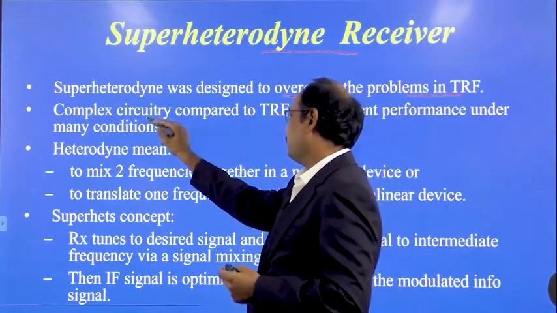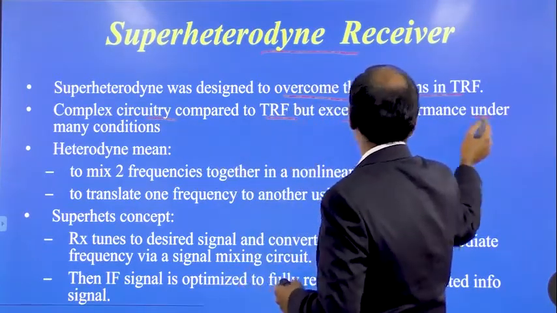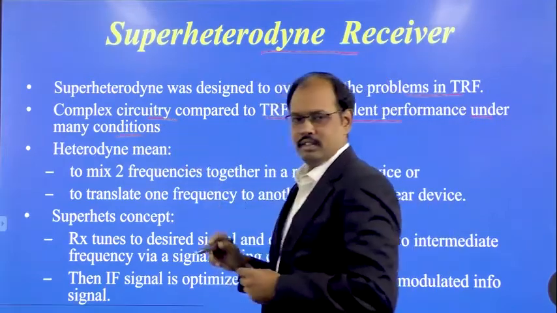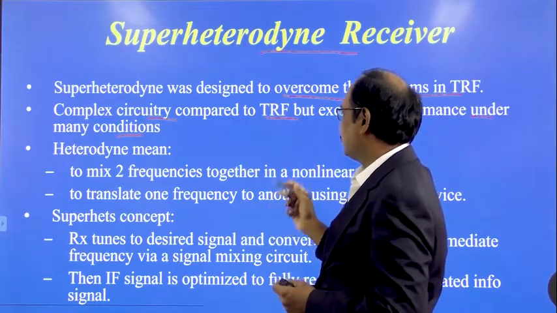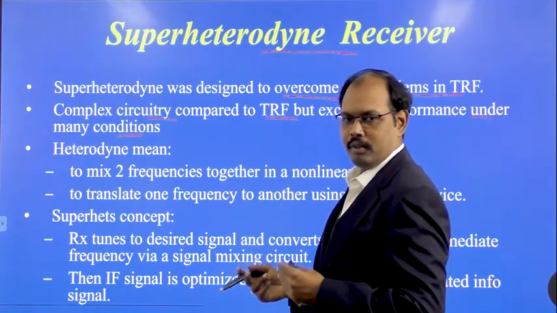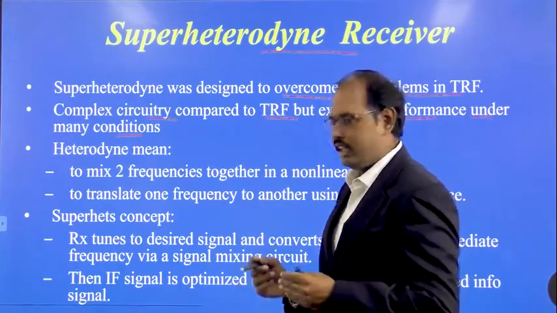It is a complex circuit compared with the TRF, but it gives excellent performance under many conditions. Even though the circuit is complex, it has better performance when compared with the TRF receiver.